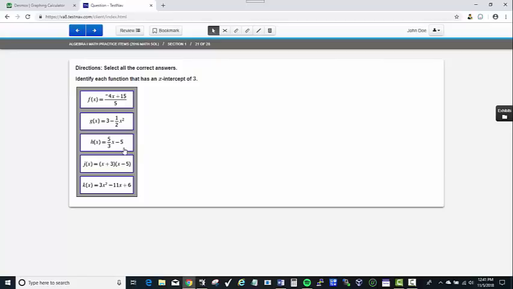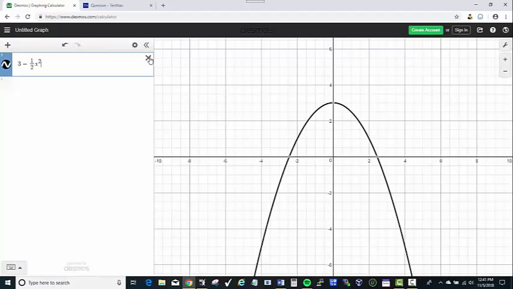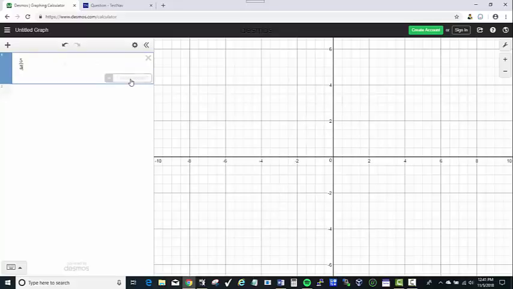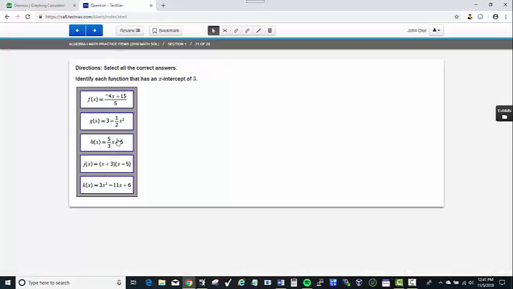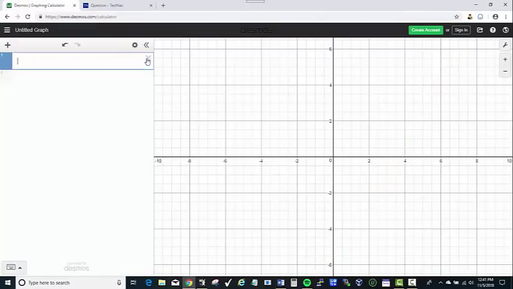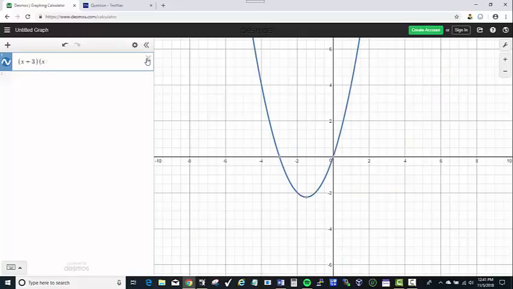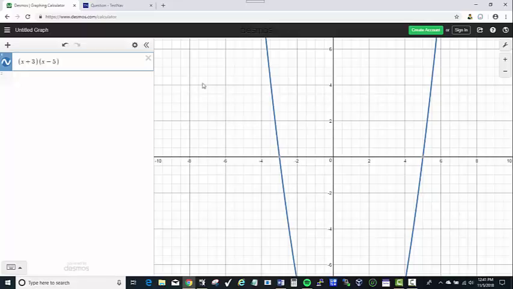Let's try this. 5/3 x minus 5. And there is an x-intercept of 3. So let's highlight that one. Now, x plus 3, x minus 5. And we see here a negative 3 and a positive 5.